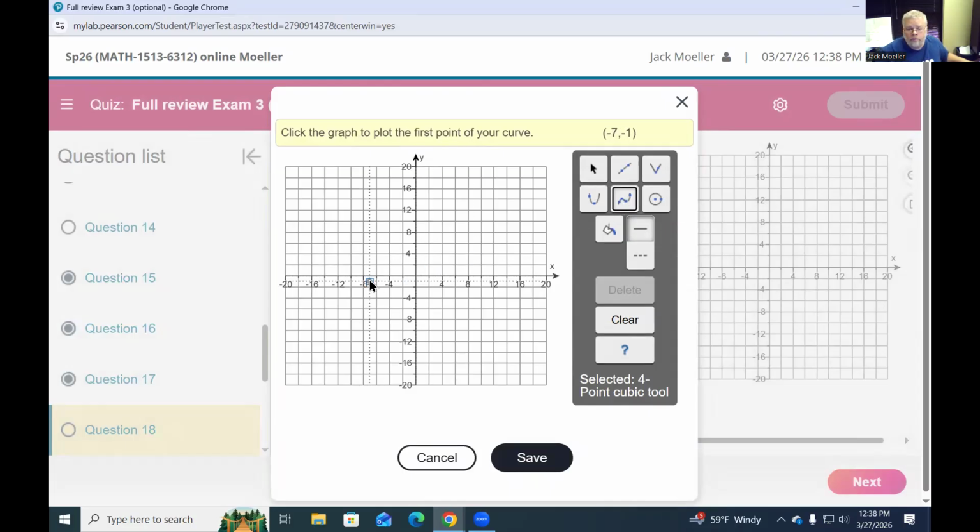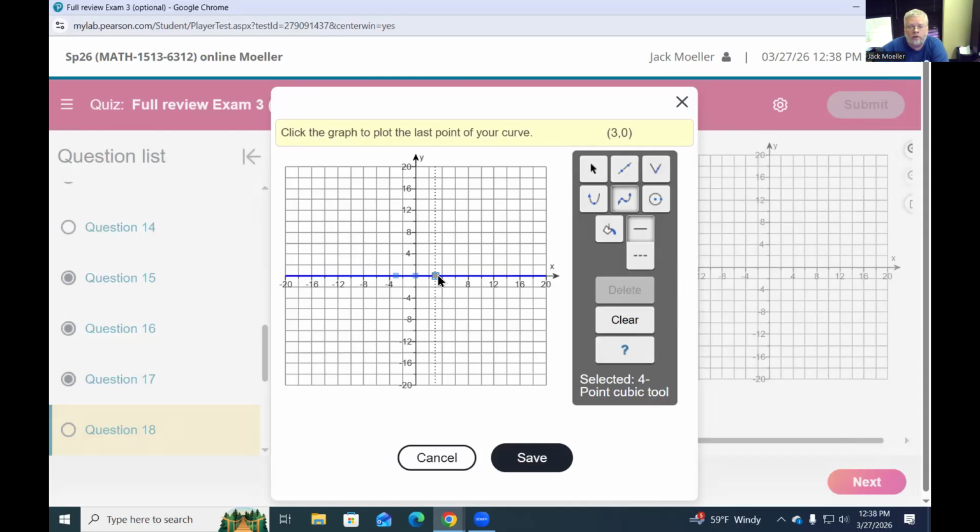So the first thing I would do is plug in those intercepts. So we got -3, 0. Now notice that it's not highlighted on here, but you can see up in the upper right that I'm at -3. Then my next intercept was at 0. And my third intercept was at +3.